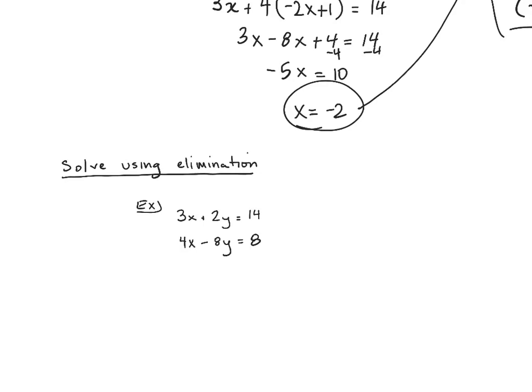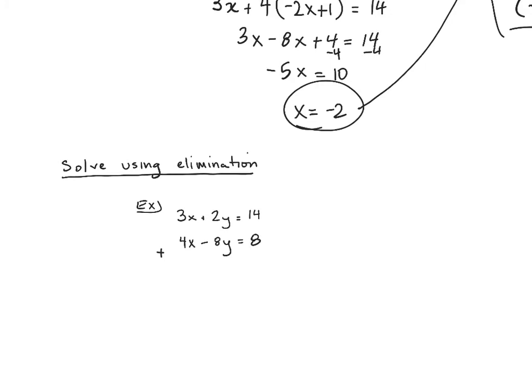And the reason it's called elimination method is what we want to do is try to add the two equations together and eliminate one of the variables. Now that can only be done if we have variables that have opposite coefficients. So for example, I've got negative 8 as a coefficient of y.